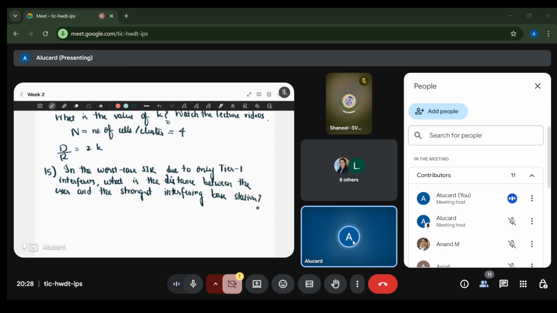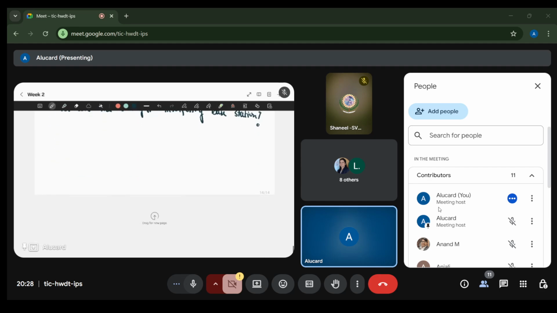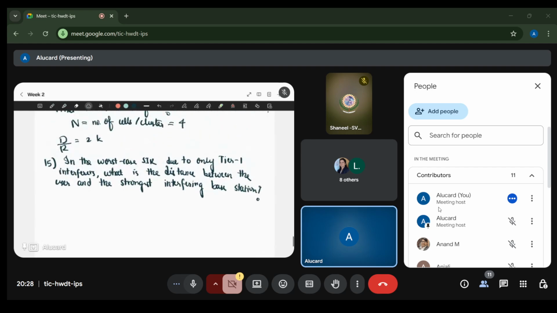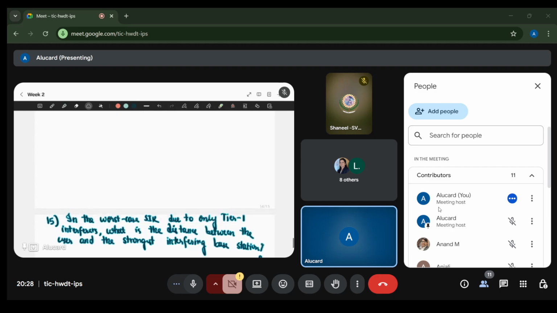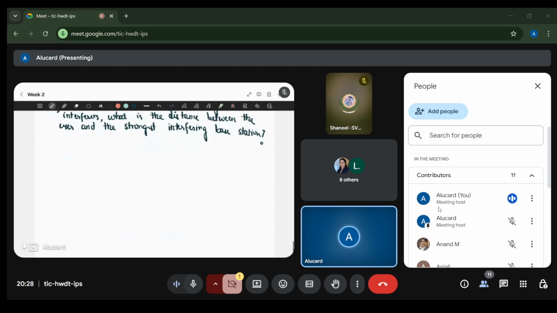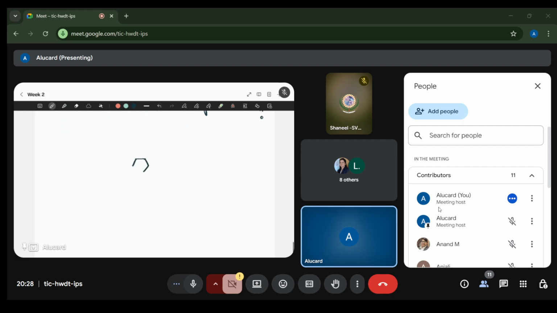Now it's a hexagonal cell network. So the cells are still hexagonal only, but the way we form the clusters is different. That's all. So the hexagonal structure would be like this.